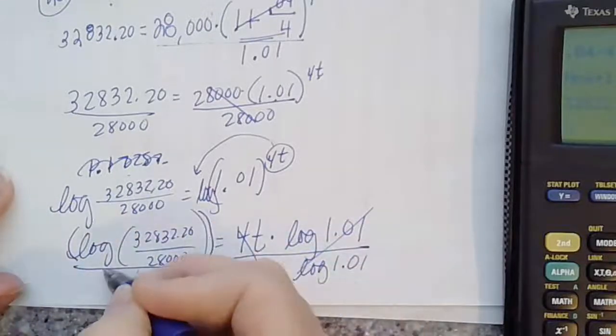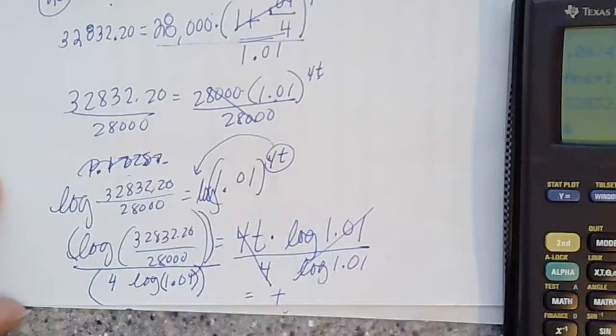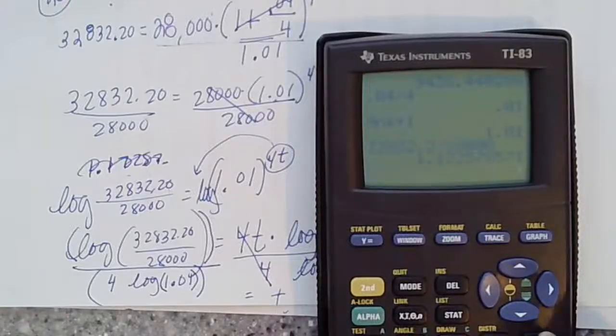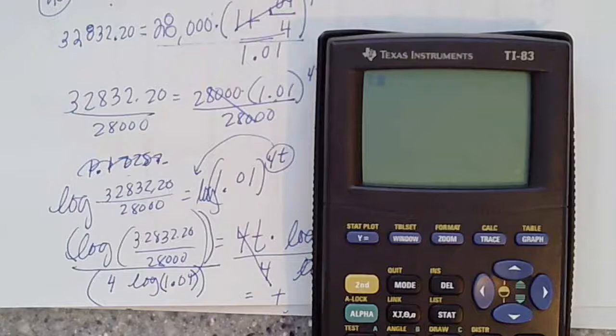So parenthesis to start, then we do log, and it brings up the parenthesis, 32832.2 divided by 28,000. Close, close. Then divide that all by the denominator, 4 log 1.01, close, close.